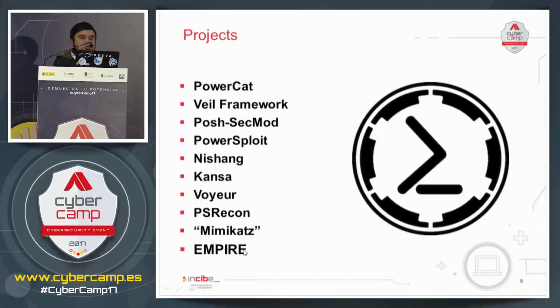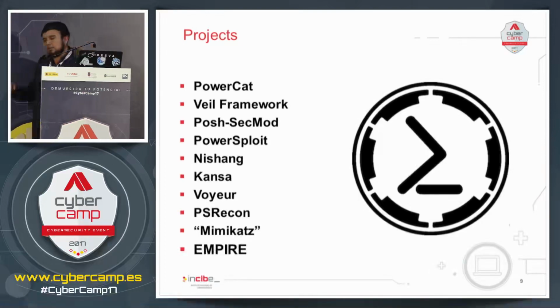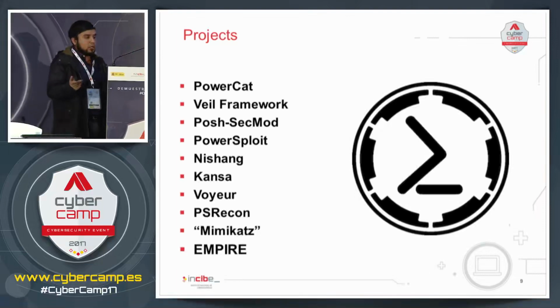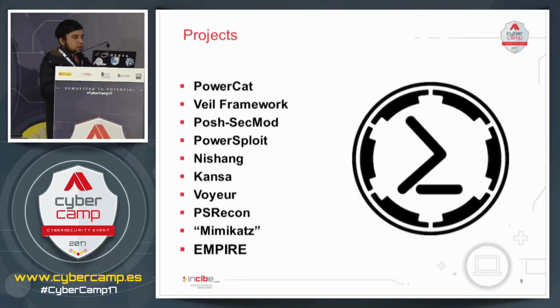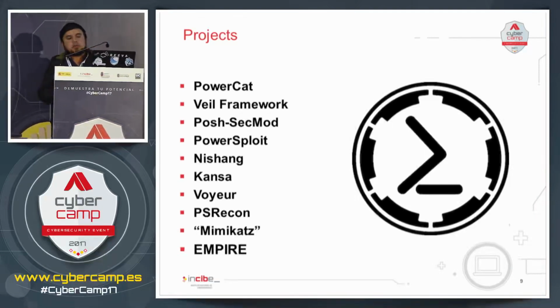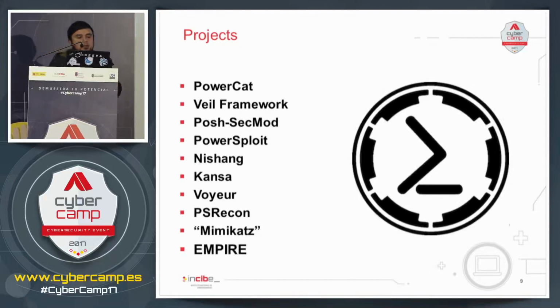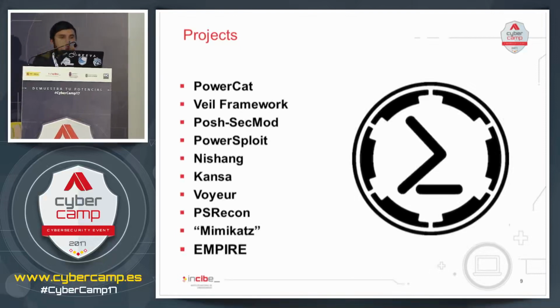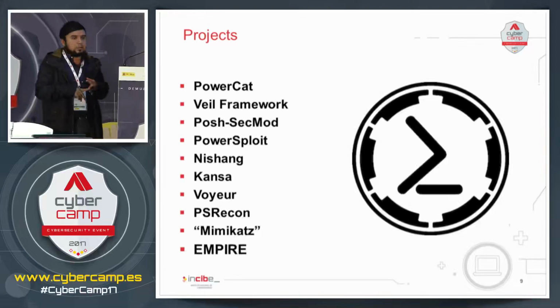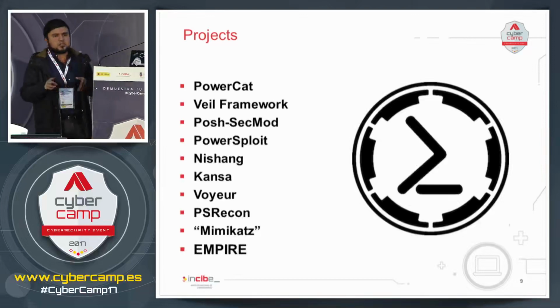The most important one uses all of them, and the name is Empire. There is a framework where we can use all tools available. We can call Mimikatz from PowerShell, port scanning, bypass the UAC.